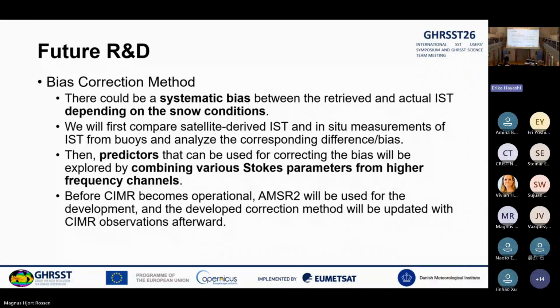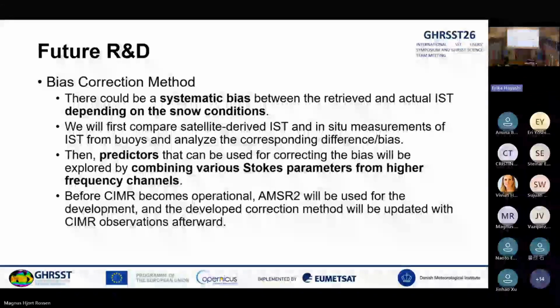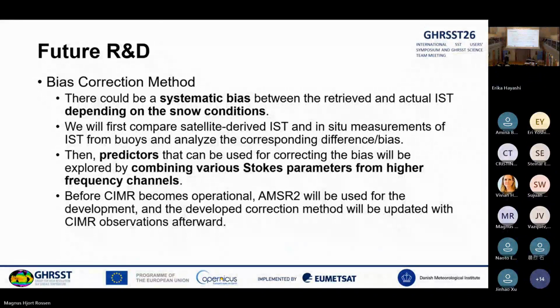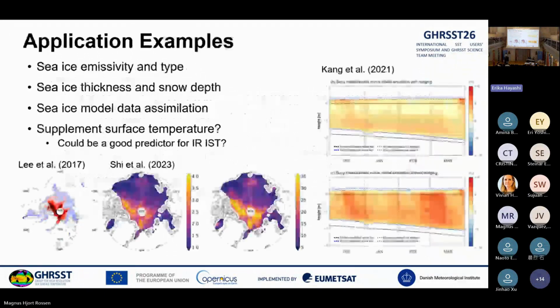We believe that this information can be used to correct the systematic bias that we expect. Before CIMR becomes operational, AMSR2 will be used for the development, and the developed correction method will be updated with CIMR observations afterward.